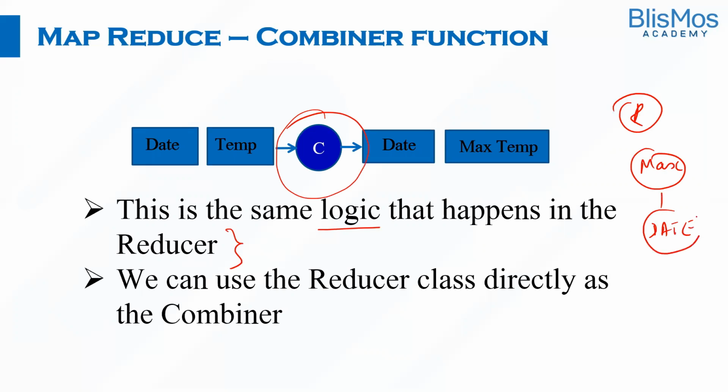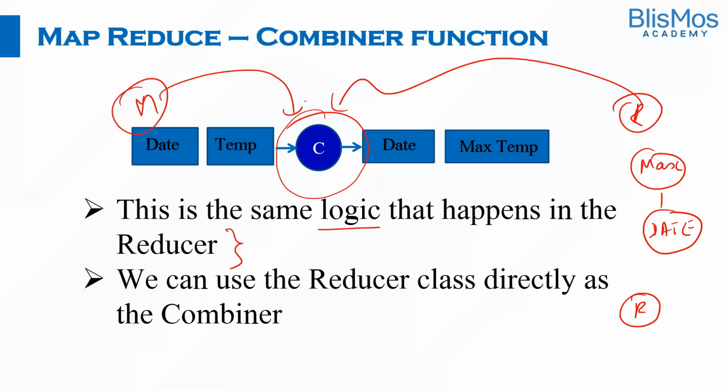The same logic can be used by a combiner. Not much of a difference. Instead of having the combining of results at a reducer phase, all the results from a mapper phase would be combined by a combiner. Wonderful. We understood how combiner works.